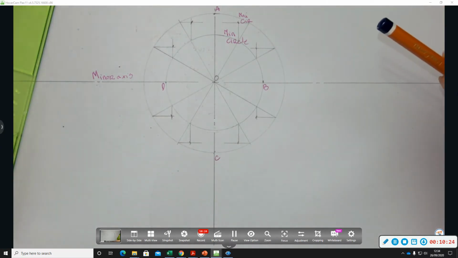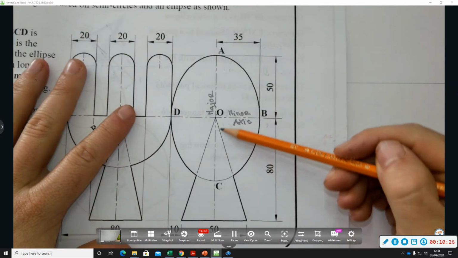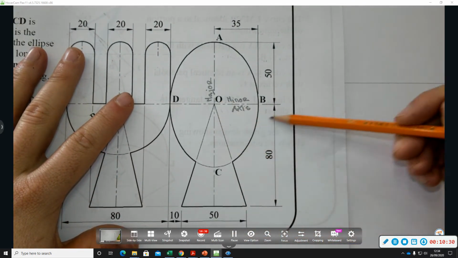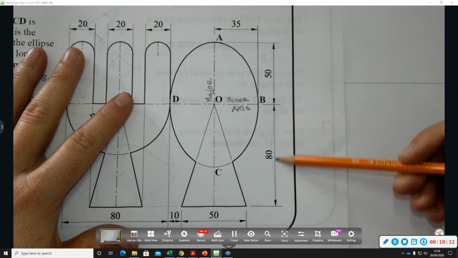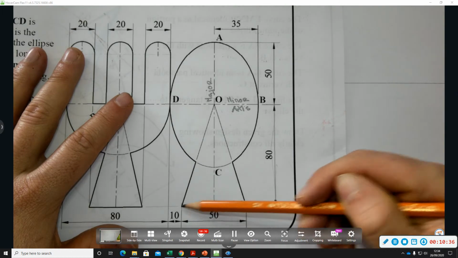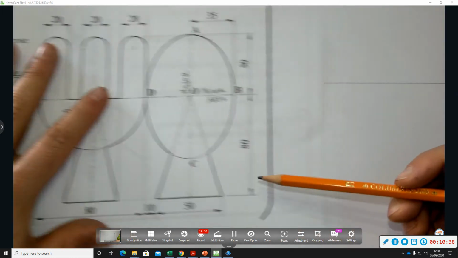Okay, I'm now going to do this triangle. It's 50 wide, so I have to go down 80, and these two points are 50 apart, so that's 25 from the center.